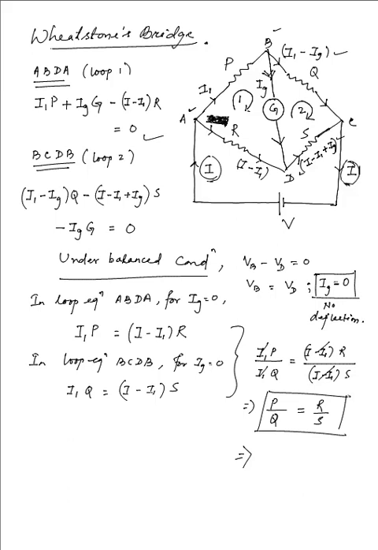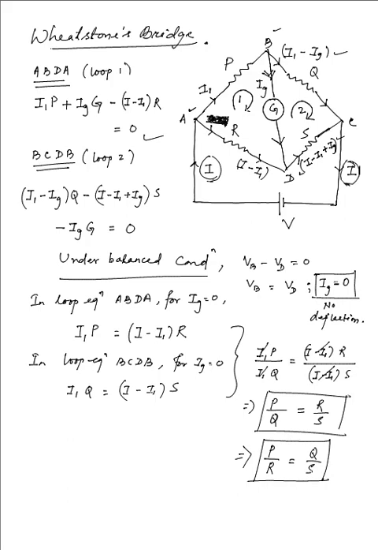This is however very useful in the case of meter bridges as well as potentiometers that we'll be discussing in the upcoming videos. We can just rearrange this formula where we have P by R is equal to Q by S. They just got cross multiplied.